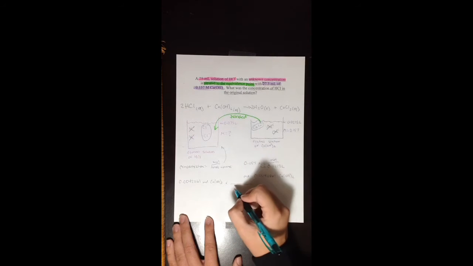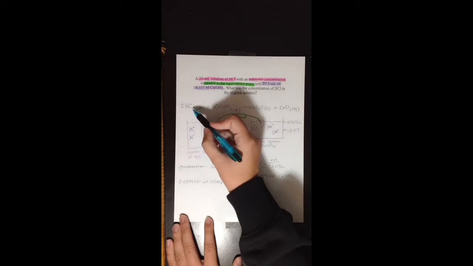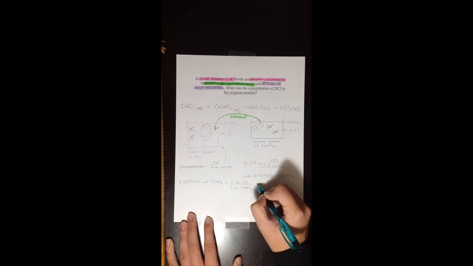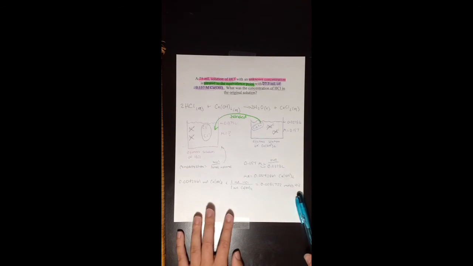There's one calcium hydroxide, so 1 mole of calcium hydroxide to 2 moles of HCl. When you do 0.004281 times 2, your result is 0.0085722 moles of HCl.